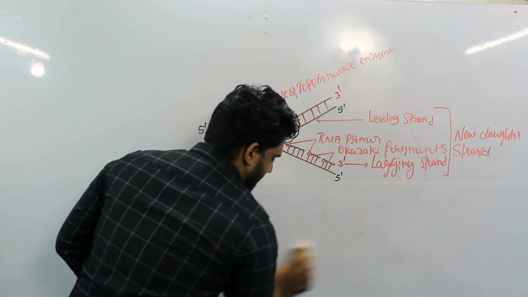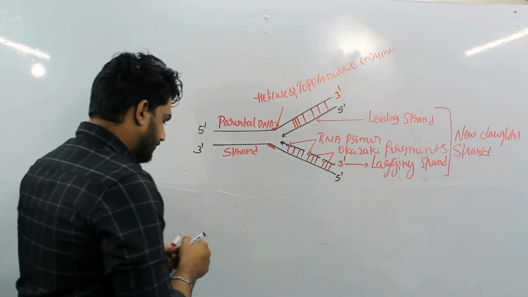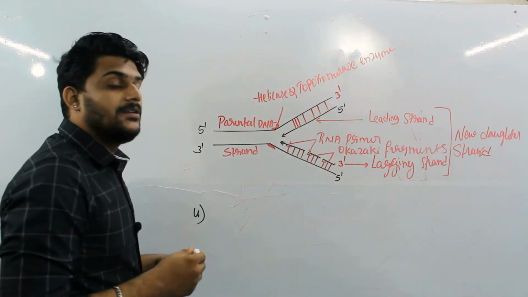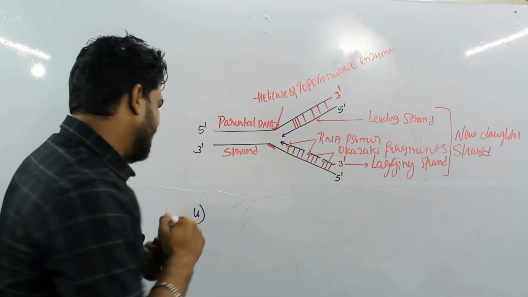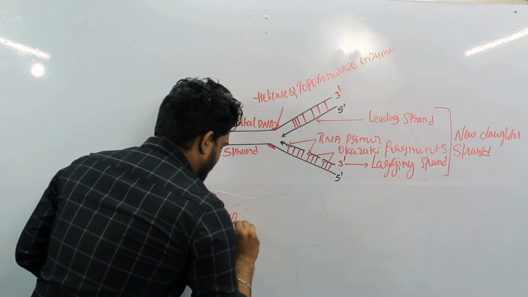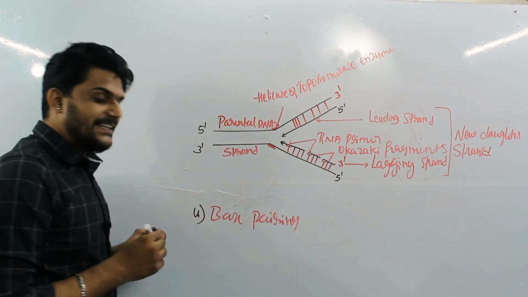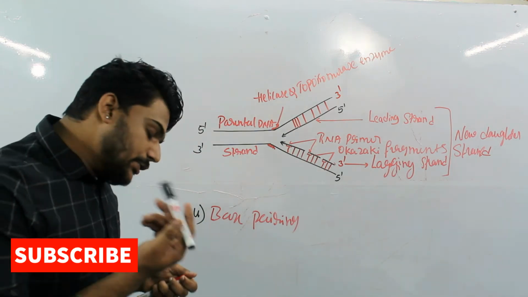Now the very important process, the fourth process, is known as binding, or base pairing. Base pairing is the simplest thing. As you all know, all the nucleotides are complementary to each other.